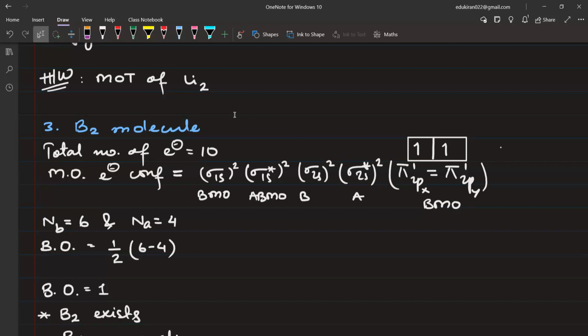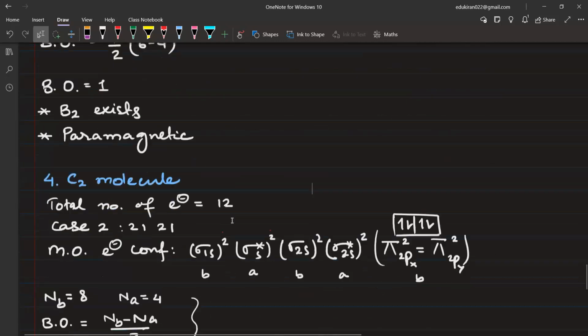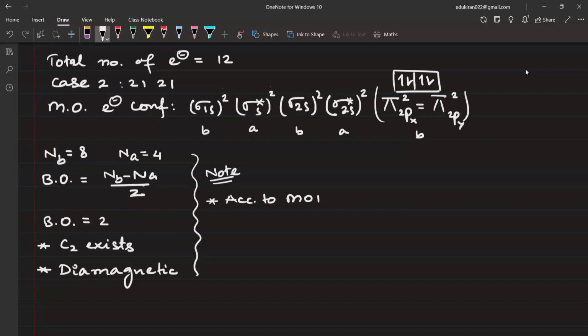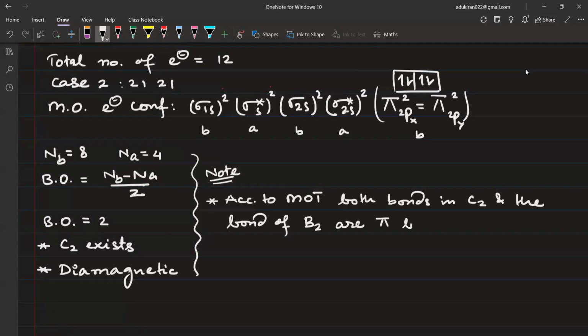Okay, so you will just write a note here. That according to MOT, both bonds in C2 and the bond of B2 are pi bonds.